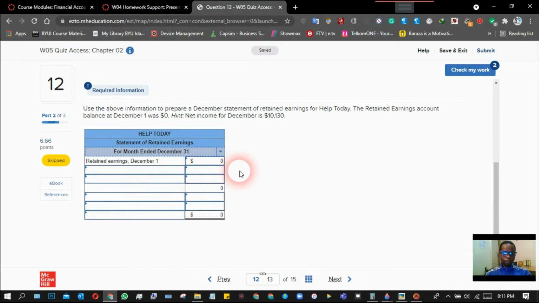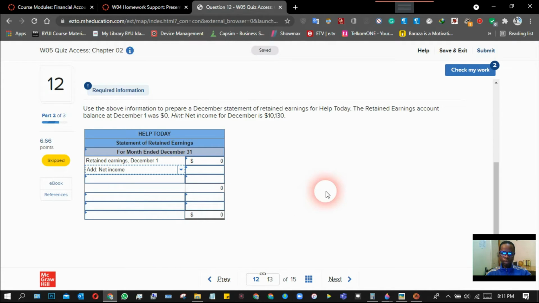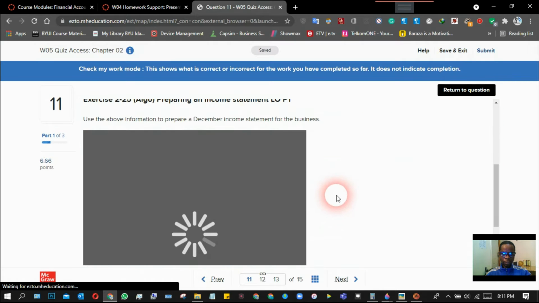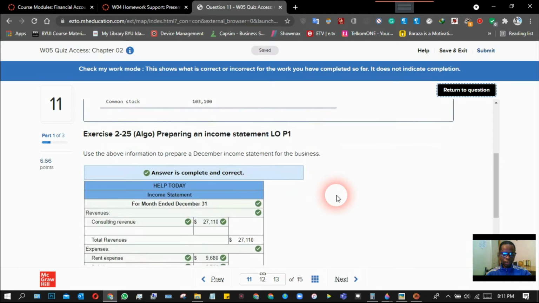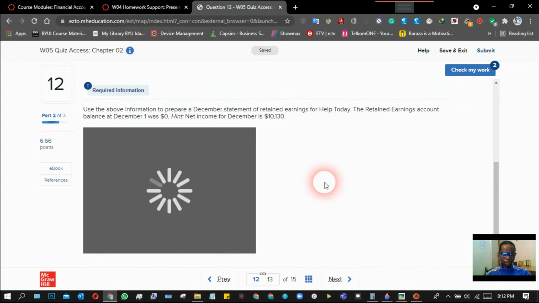And then in the statement of retained earnings, we'll put the net income. This net income is the income that we got in the income statement, which is 10,130.